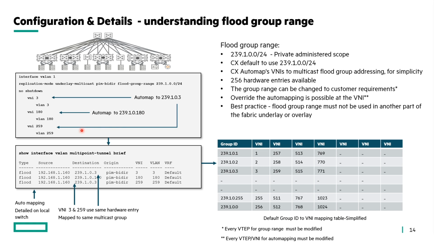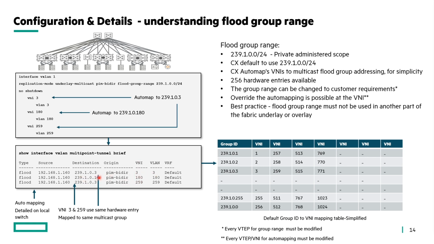So when we start adding more VNIs and VLANs, we start reusing the multicast addresses. For example, VNI 259, which is mapped to VLAN 259, also uses 239.1.0.3.